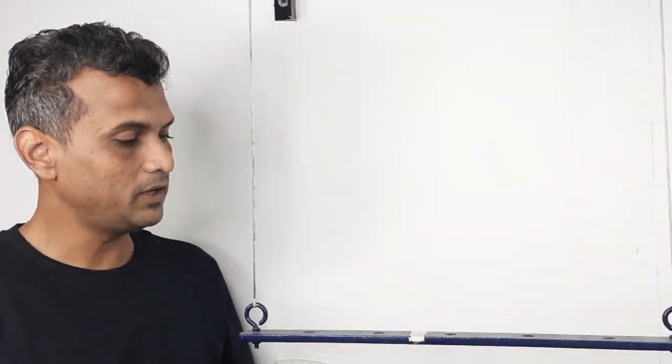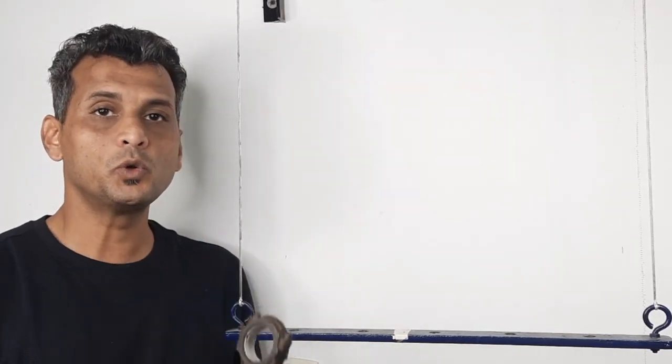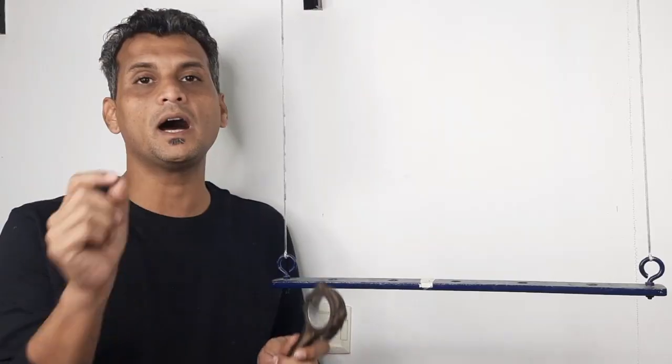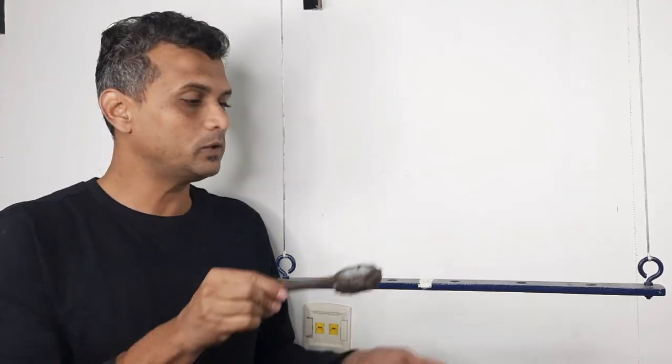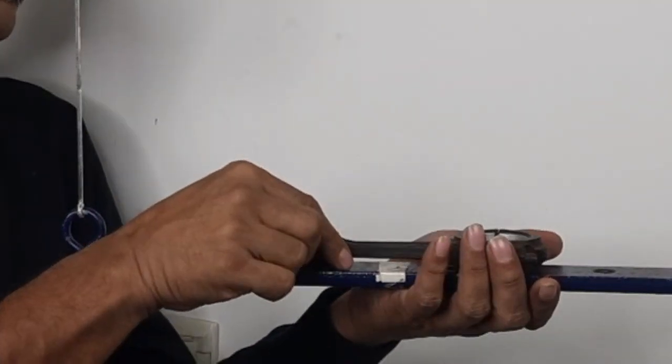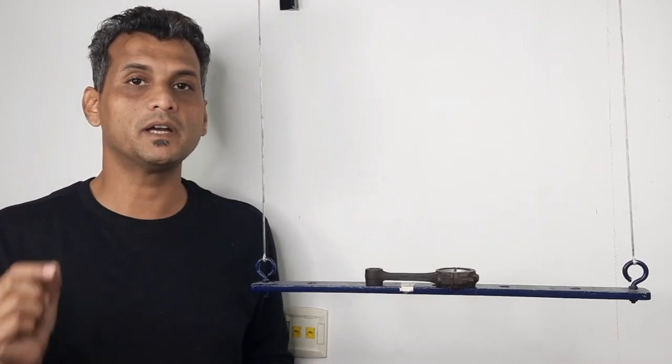Let's summarize the limitation of the system and the important points. The limitation is that if you want to find the moment of inertia of an unknown system, you should know the center of mass of your system prior. Only then will you be able to coincide the two axes of rotation and your answer will be correct.